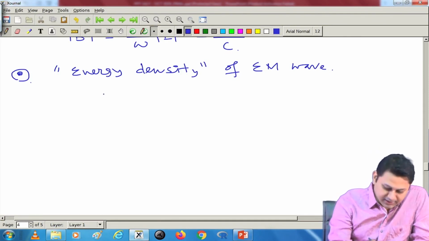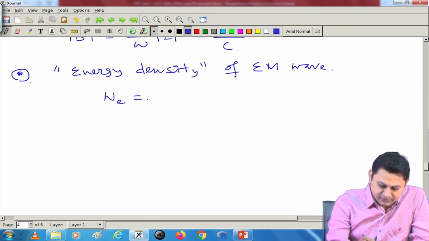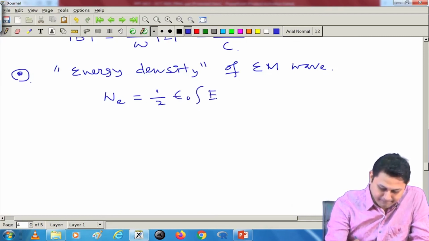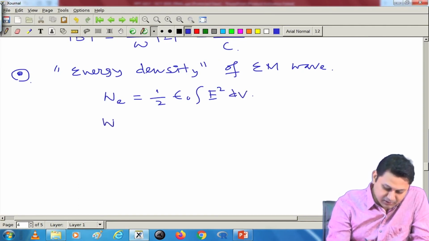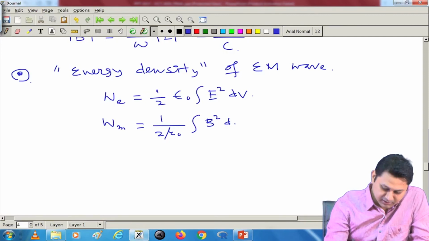So, we know that the energy in the electric field can be represented as this. And for the magnetic field also we have a similar expression, that we know from our basic electromagnetic theory.